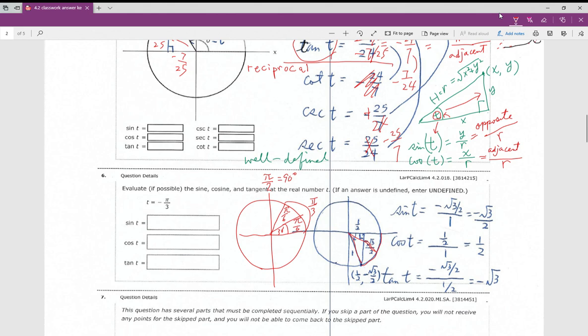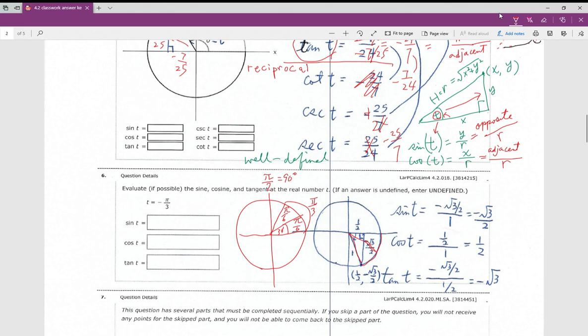Okay. Now, when you have pi over 3, how do you know the value? You may either use a calculator or, actually, for these very special angles, 30 degrees or 60 degrees, you need to memorize those values. For now, I'm going to give you the value, or you are allowed to use a calculator, just for now.